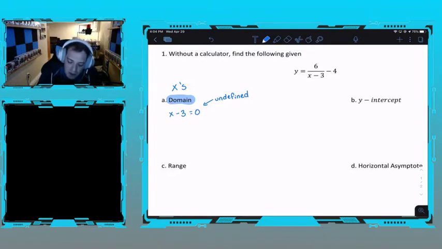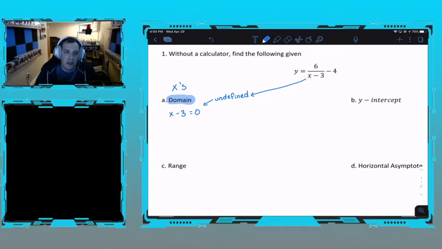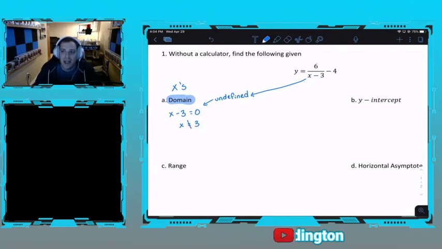So again, just remember, this is only if we're looking at the denominator and only the denominator. So if you solve it out, this is an easy solve. We can add 3 over to the other side. That is not allowed to happen. X cannot equal 3, because if it is equal to 3, then it would not be a function. It would be undefined. There's no solution there.